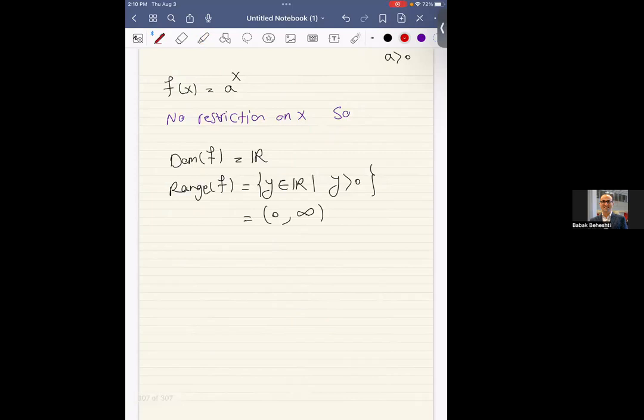So I'm going to write it here again. So y equal to 0 is the horizontal asymptote.